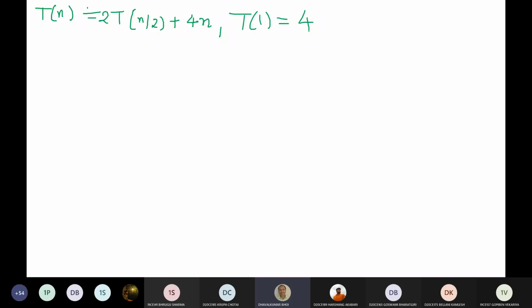In the substitution method, we are going to do two things. We are going to build the solution, and the next thing we are doing is to expand the solution.